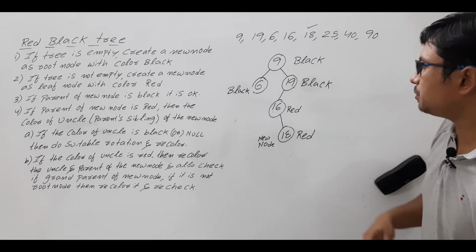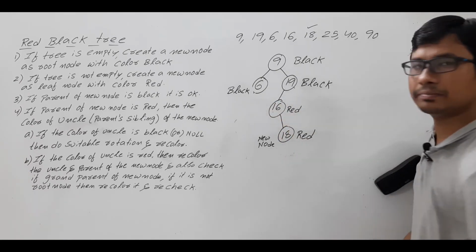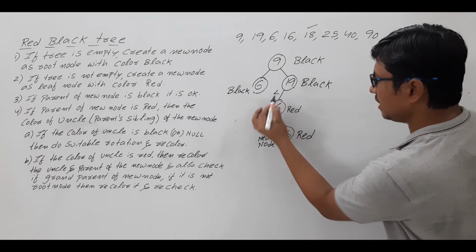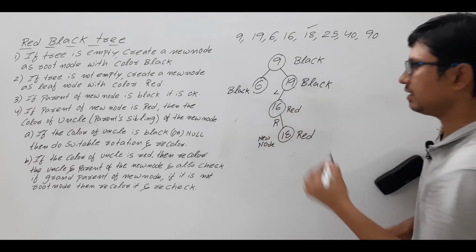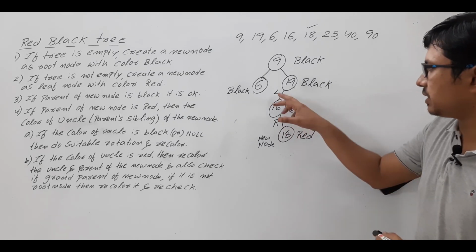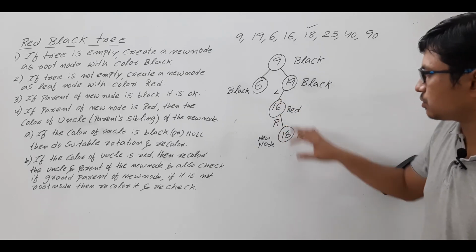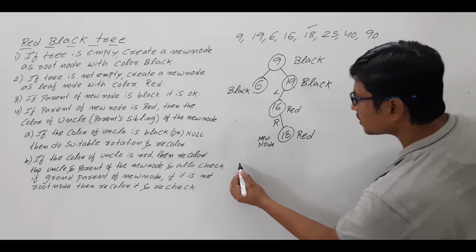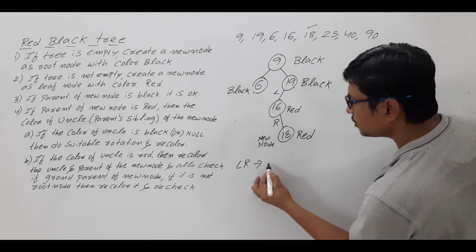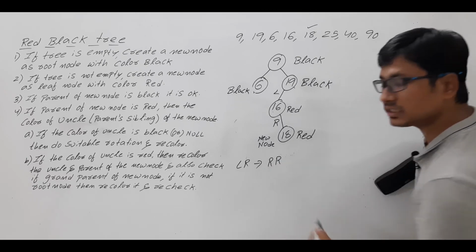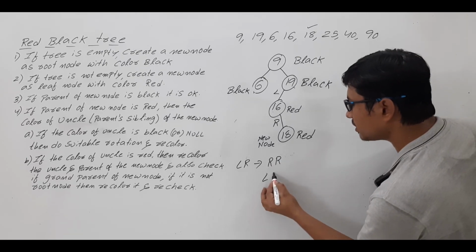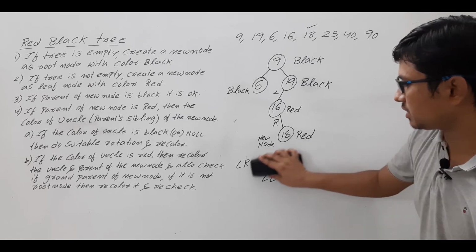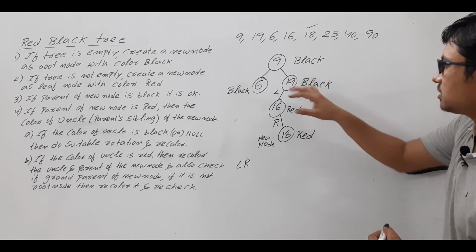You need to traverse from here, which is left, and then you have a right. Left and right, so you need to go for the LR rotation. LR rotation is what? You need to go for RR rotation, then LL rotation. So let me go for the RR rotation and then LL rotation on this one.